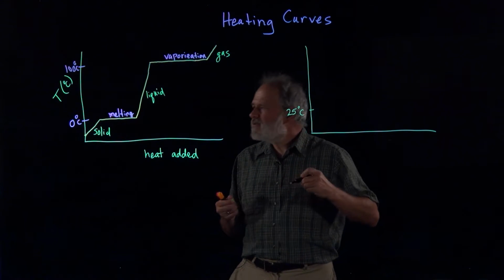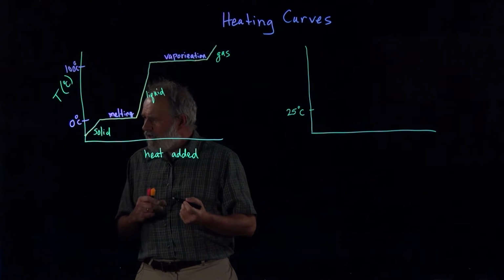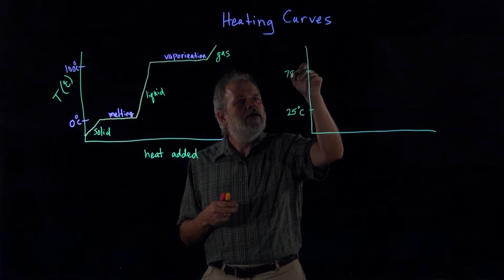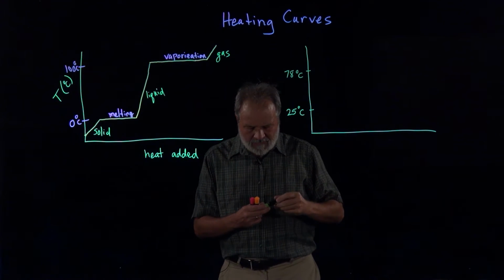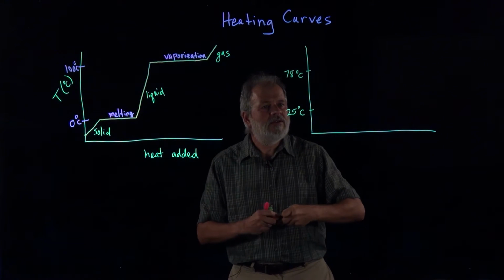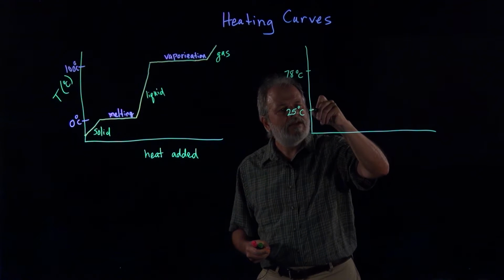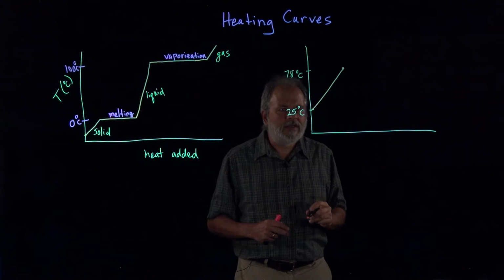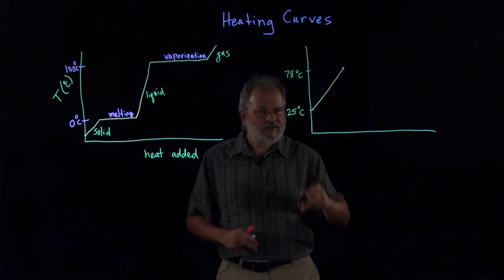It boils at 78 centigrade. All right, so the first thing we need to do is calculate how much heat it takes to reach the boiling point. And that's one of these little slopey things.